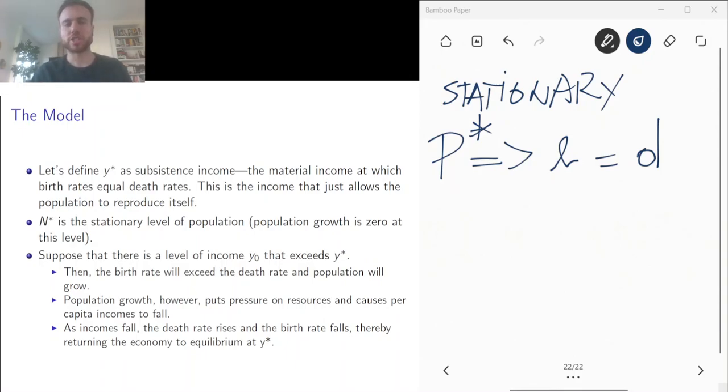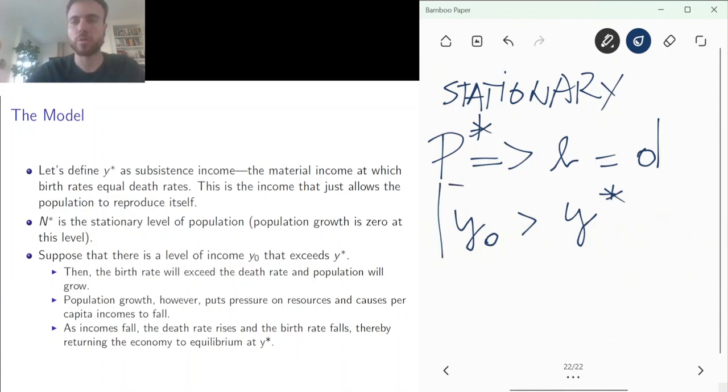Now suppose there is a shock and an increase in the level of income equal to Y0, where Y0 is bigger than Y star. Again, Y star is the subsistence income, the income at which population is stable.